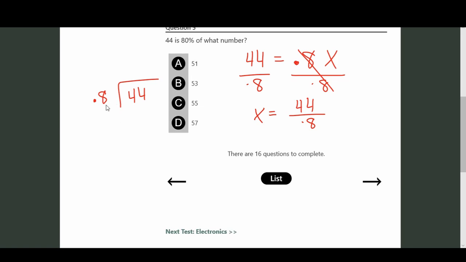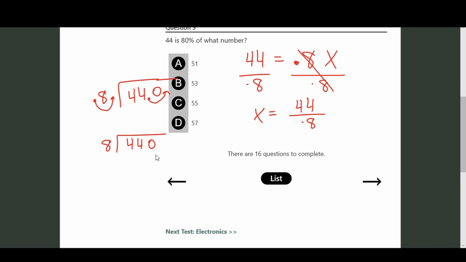In order to do this problem, I have to shift this decimal place one time to make 0.8 just 8. And since I shifted this decimal outside the division bracket, I'm going to take this decimal, which is right there, and shift it one time inside the division bracket to keep proportionality. So in reality, I'm working out this problem.